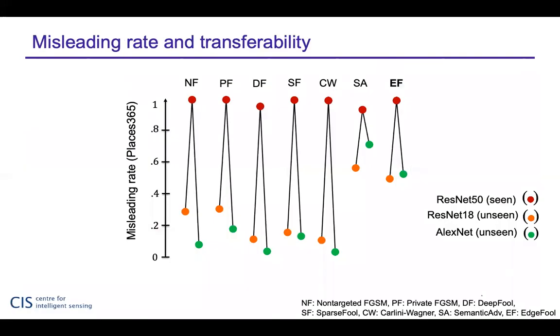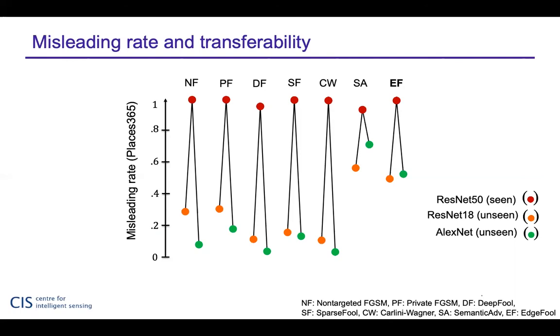I would like to say that we invent a new way of visualizing misleading rate and transferability together. These are the important results of the adversarial attack. As you can see, the top red circle shows the misleading rate against the classifier that the adversarial images are generated for, in this case ResNet 50. The bottom orange and green circles indicate the transferability to other unseen classifiers, which are ResNet 18 and AlexNet in this case.